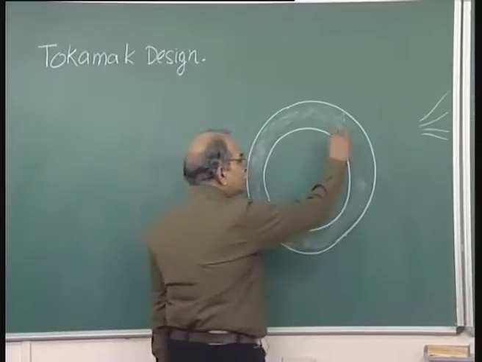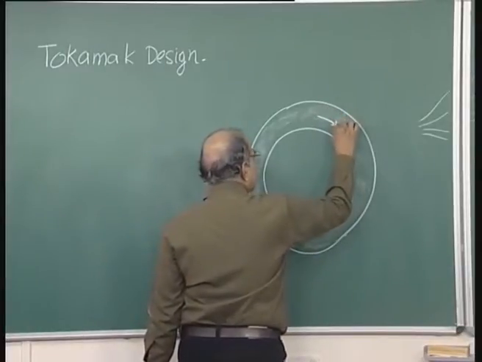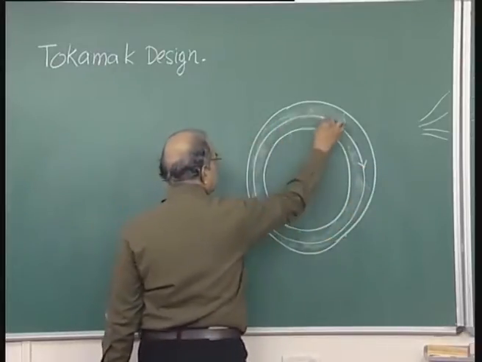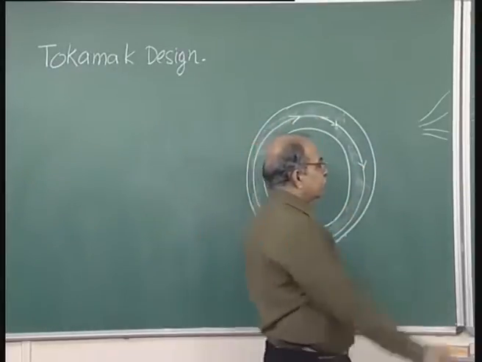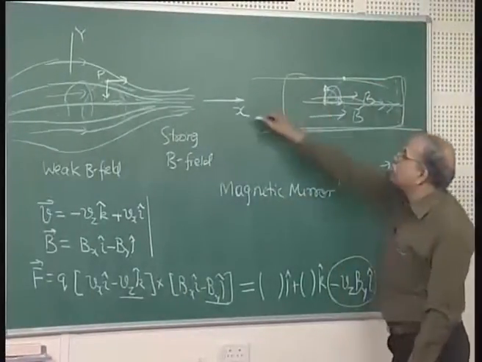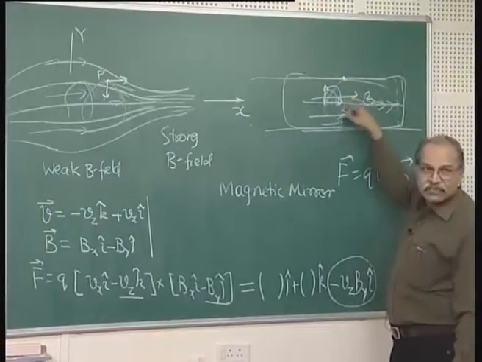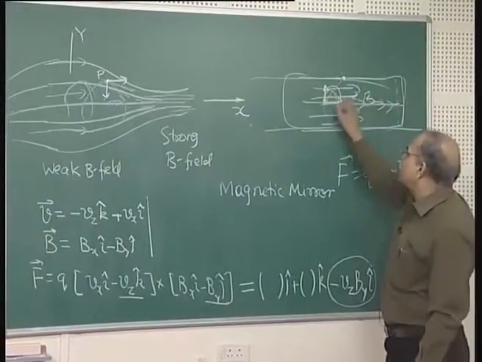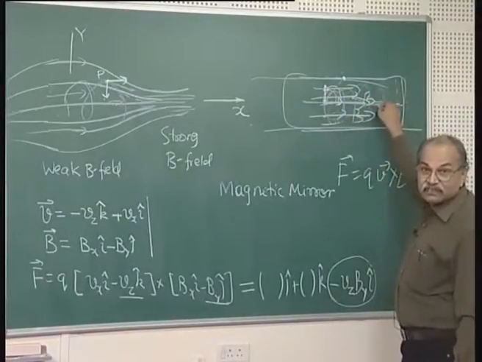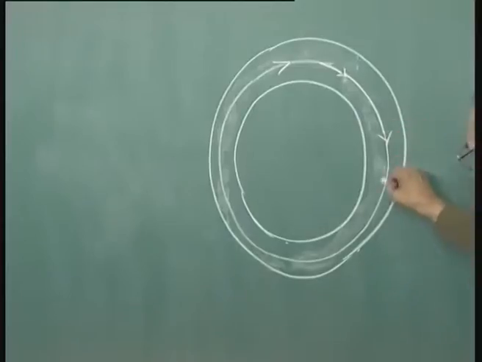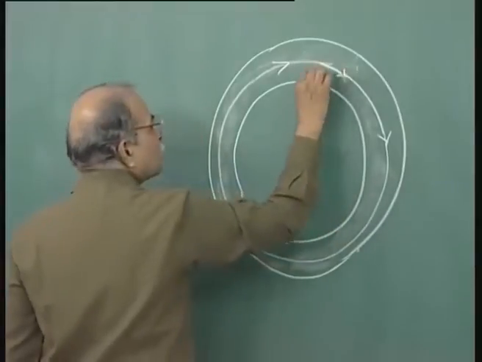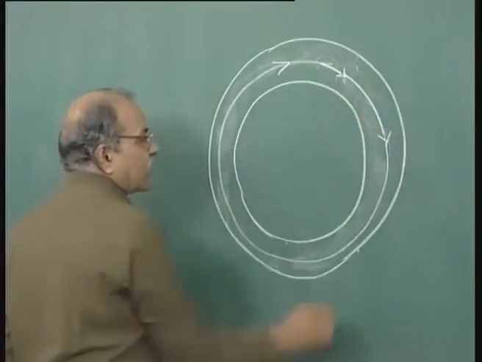And the magnetic fields which are needed for confinement are going like this. Just like here, if it is a big cylinder and you are not worried about the ends, you are only worried about the cylindrical walls, then you can create a field like this and this field will keep it moving. So, similarly here a field of this type, and then the plasma will just go around this and will be confined.